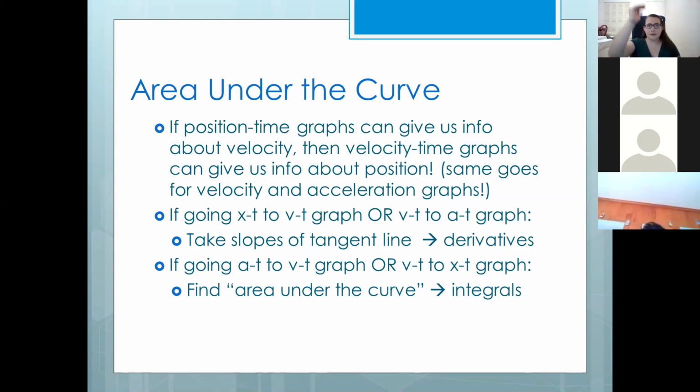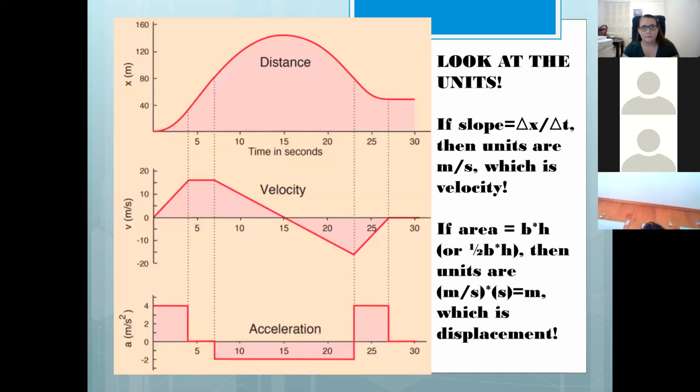When we go up the stack of graphs, that's called an antiderivative, because derivatives go down, antiderivatives go up, or an integral. But if it makes more sense to you to think of slopes instead of the word derivative, then graphically it might make more sense to think of the area under the curve instead of this fancy word integral.